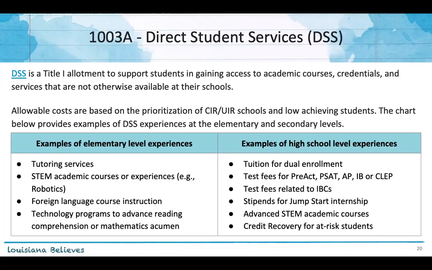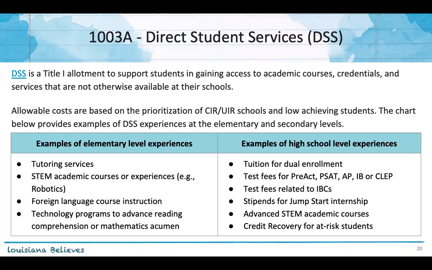The chart on this slide provides examples of DSS experiences at the elementary and high school levels, but is not an exhaustive list. Examples of elementary experiences may include tutoring services, STEM, foreign language, and technology or software programs to advance reading comprehension or math acumen.